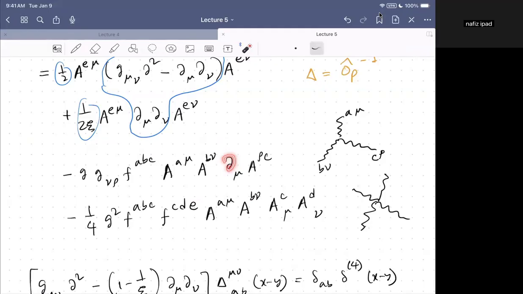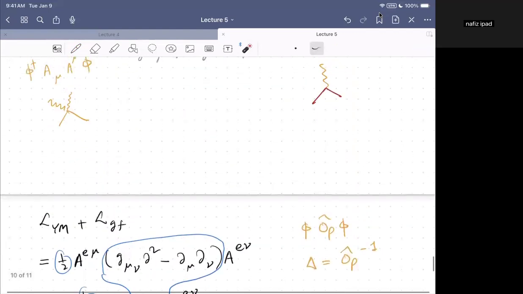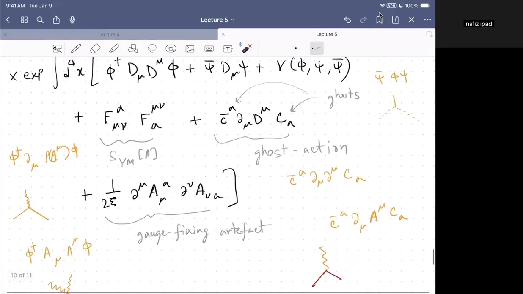And then there's a derivative, so we have to deal with that. The easiest way to deal with that is to convert this to momentum space, in which case this becomes multiplication by momentum. So in addition to telling me about these indices, in momentum space these things must also come with a label for the momentum.